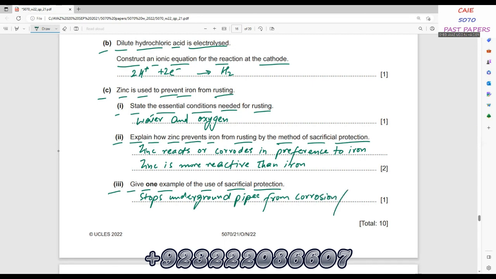You can also write this stops ship hulls from corrosion.